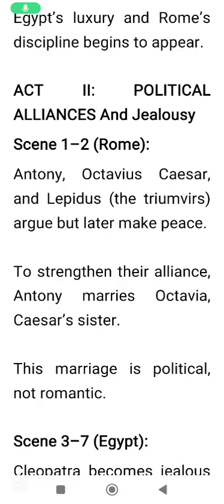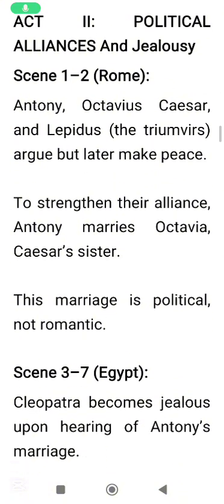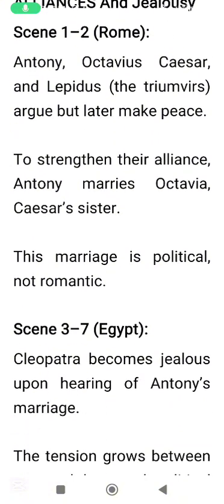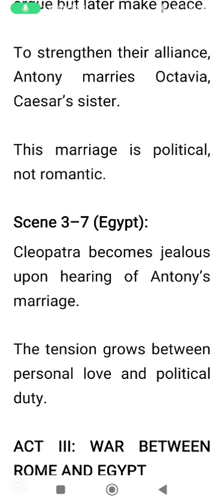Caesar is jealous of Antony, but at the same time Antony marries Octavia, who is Caesar's sister. That strengthens their political alliances, and it is just for political reasons, not romantic reasons.